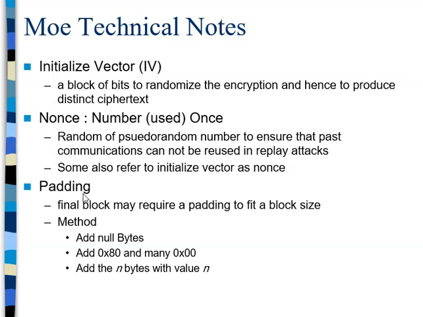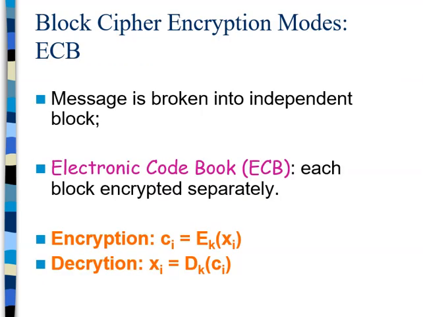And you know about padding. Sometimes the final block may require padding to fit our block size. It could be done using different methods. For example, just adding null bytes at the end of the last block, or for instance adding n bytes with value n, or other methods for padding can be used.